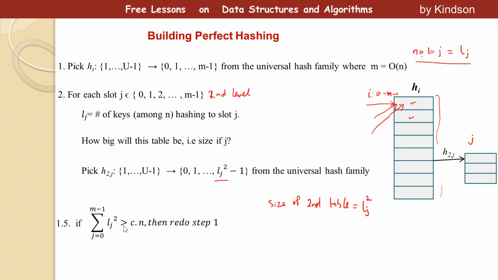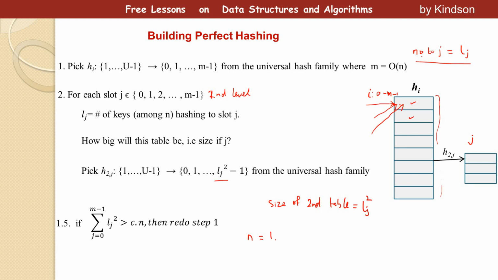If the sum of lj squared is less than some constant times n, where n is the total number of keys. So I'm going to write it out. This used to be a little confusing, but just take some time, it becomes clear.